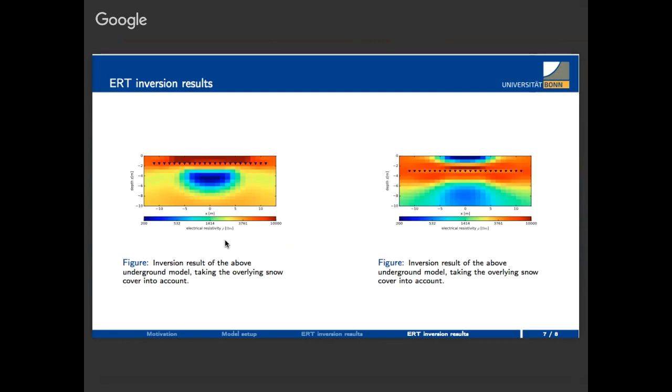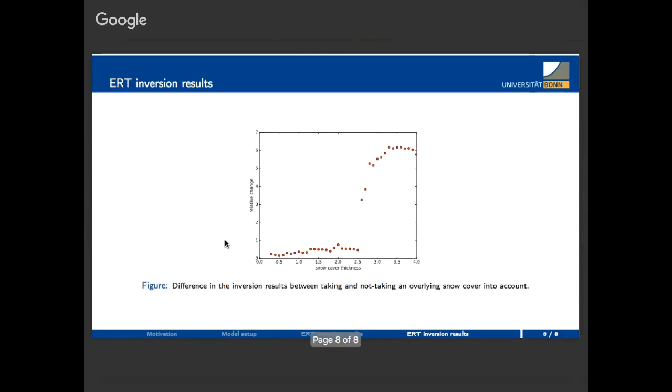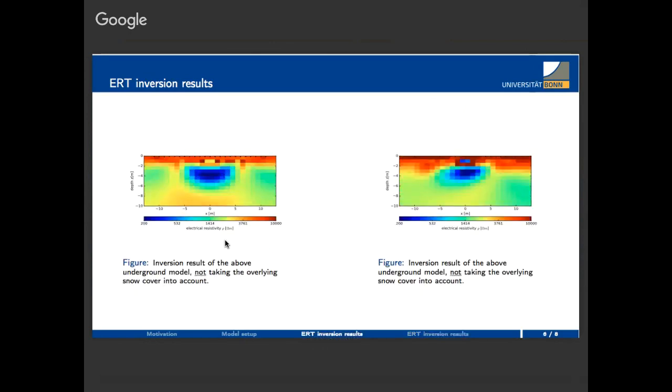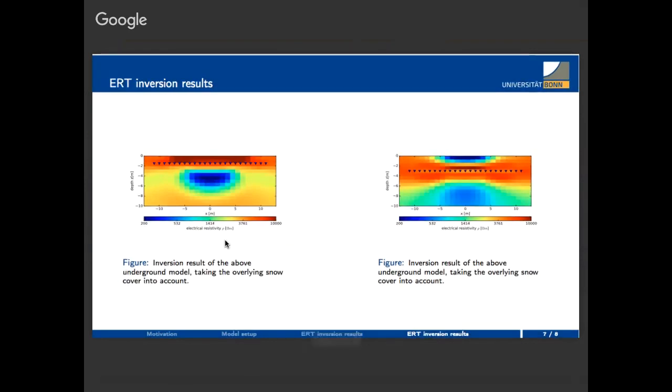And then I think this is kind of a nice image here. You see the snow cover thickness down there, and you see a jump there. And this is because, I have to say, this is the relative change. So what this plot does, it's comparing this left image to this image.